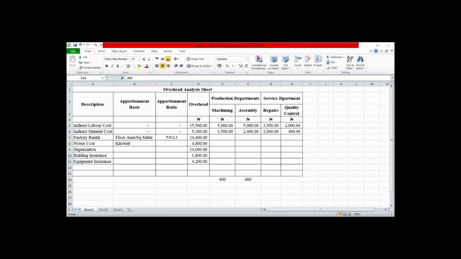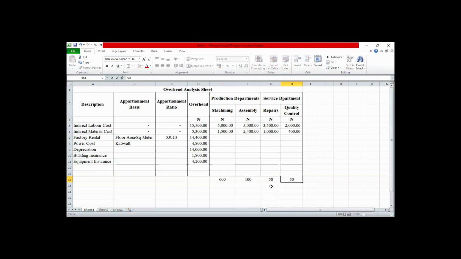Assembly is 100. Then repairs 50. Is that so? Yes, sir. Quality control is 50.